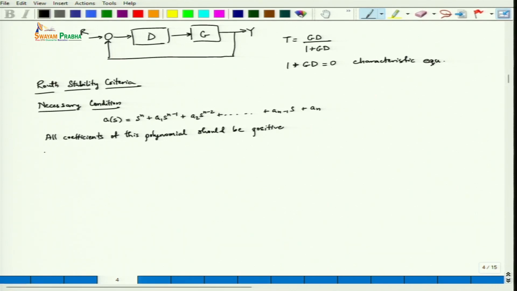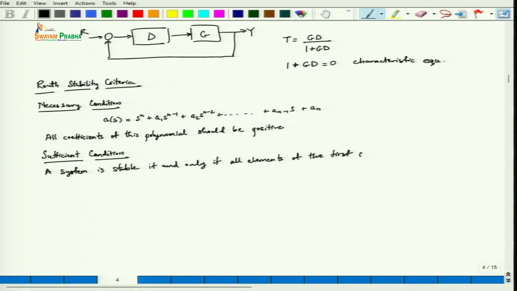Now coming to the sufficient condition for stability, a system is stable if and only if all elements of the first column of the Routh array are positive.